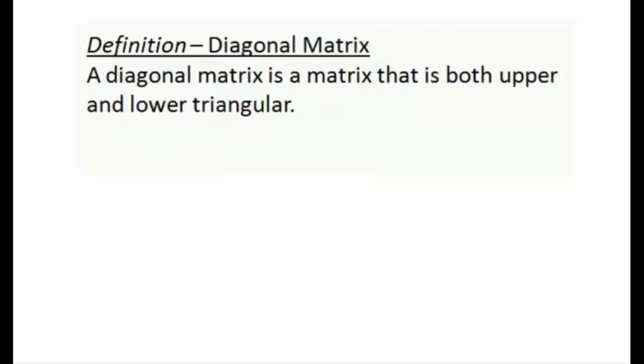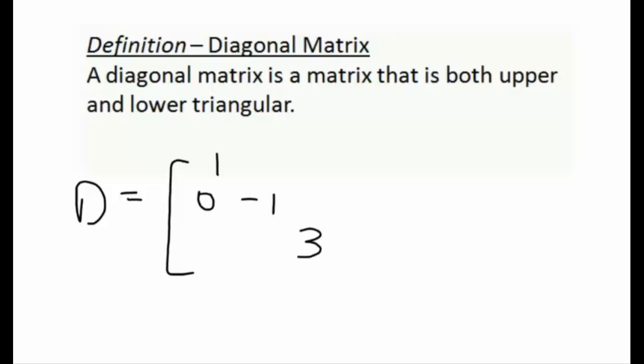Last but not least, this leads us to our final special kind of matrix that we're going to talk about in this lesson, and that is a diagonal matrix. These special square matrices are both upper and lower triangular at the same time. For example, we could create a 3 by 3 diagonal matrix as follows.